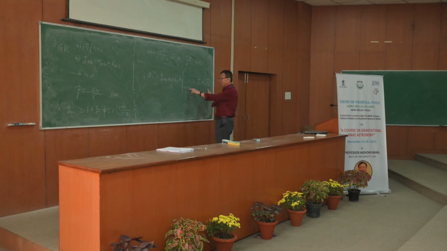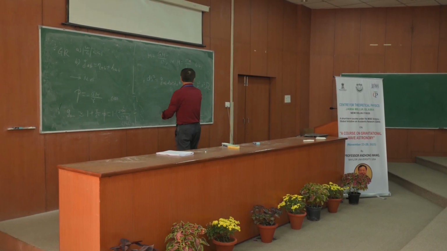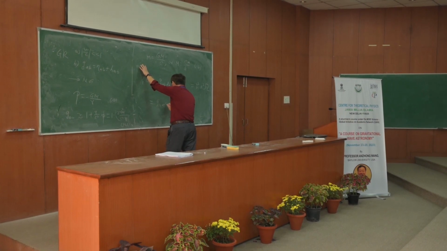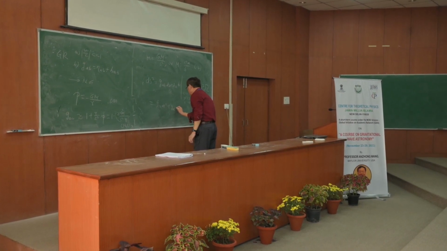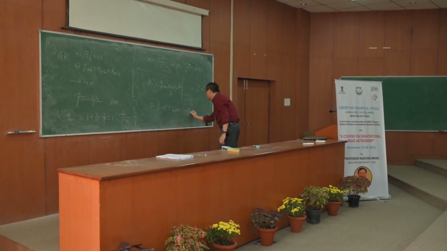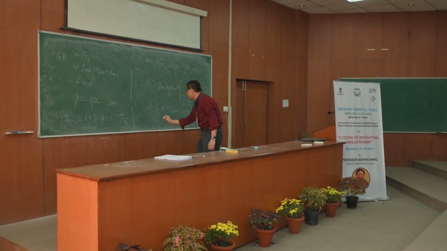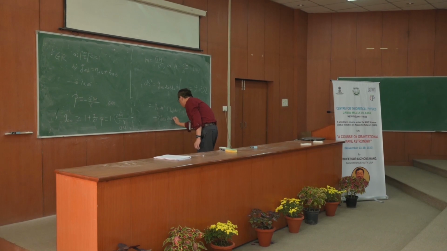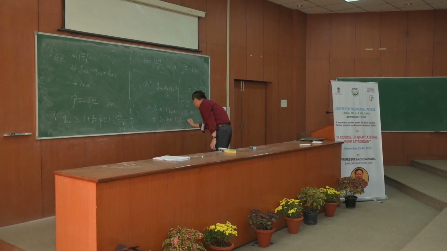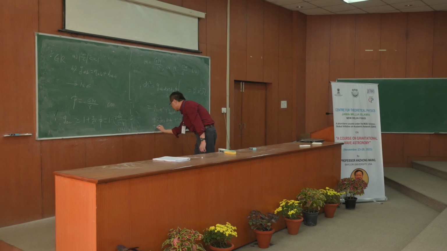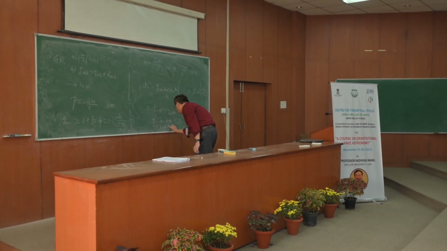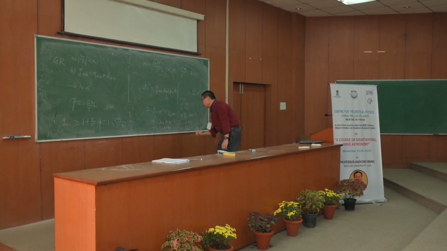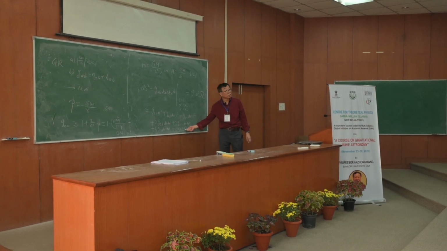So if I write it here, I should have g_tt dt squared plus g_11 dx1 squared plus g_22 dx2 squared plus cross terms, 2 g_t1 dt dx1 plus 2 g_t2 dt dx2 plus 2 g_12 dx1 dx2, plus r squared d omega squared. This is fine because of the spherical symmetry, right?